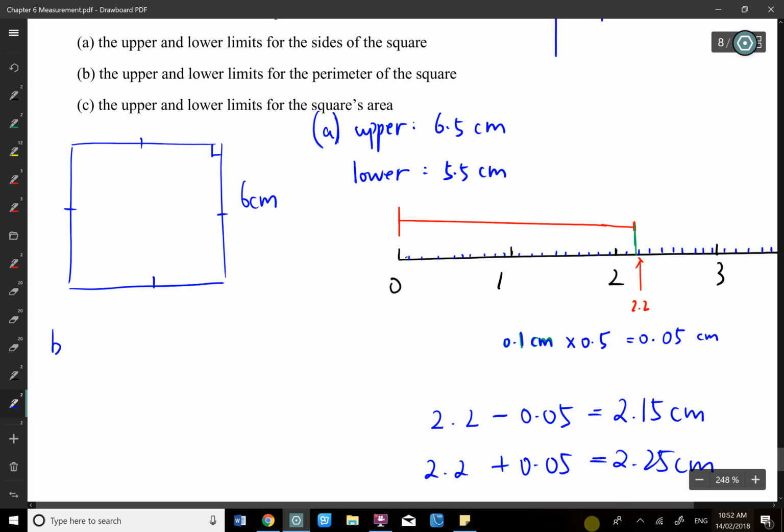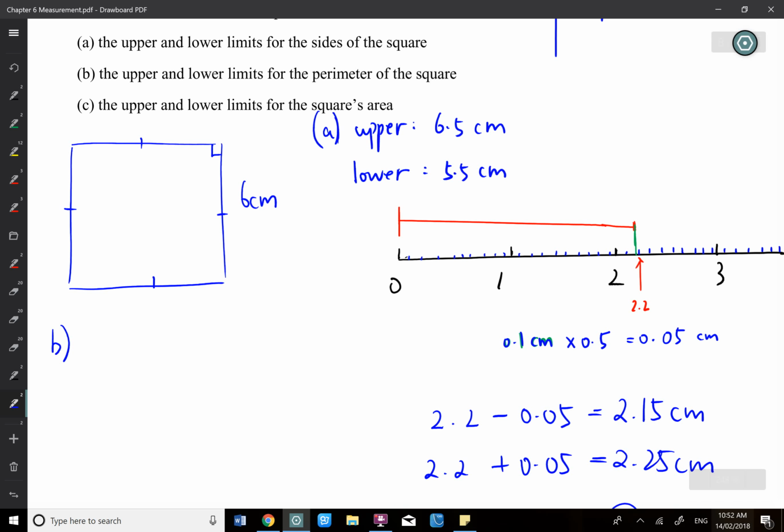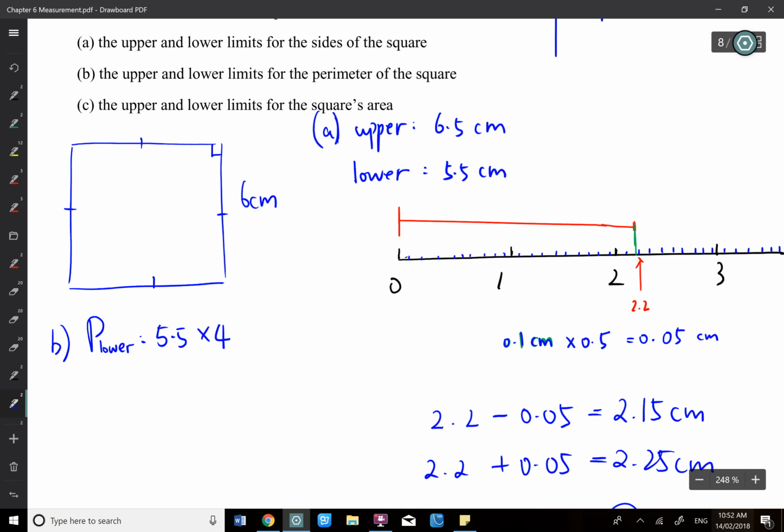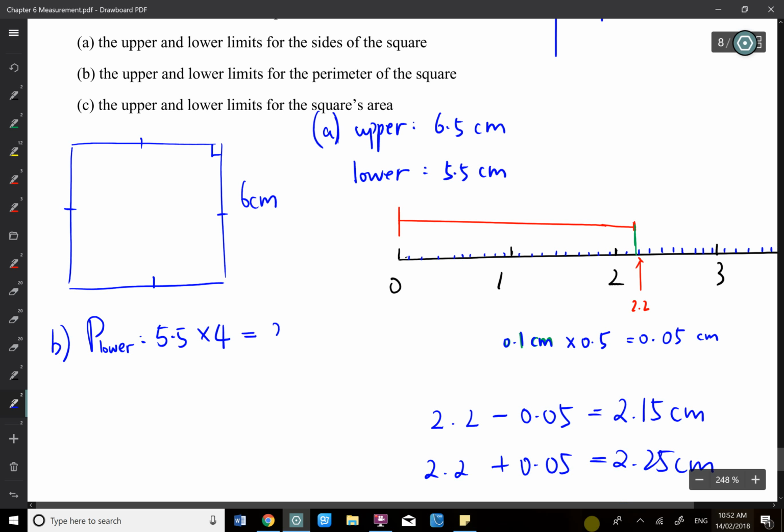Part B is asking for the upper and lower limits for the perimeter. So the lower perimeter will just be 5.5 times 4, because the lowest possible value for the square is 5.5 centimeters. That gives me the perimeter, 22 centimeters.